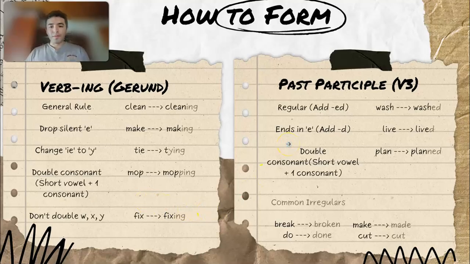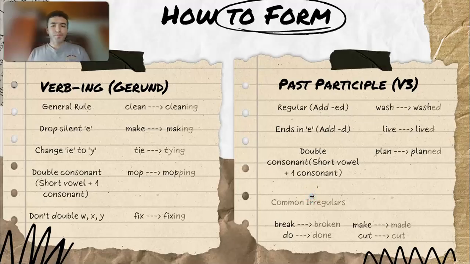Past participle, for the passive infinitive, okay? Regular verbs add -ed, the normal case: wash, washed. If it ends in e, simply add d: live, lived. Double the consonant: short vowel plus one consonant, simply double the consonant, okay? For example, plan, planned.